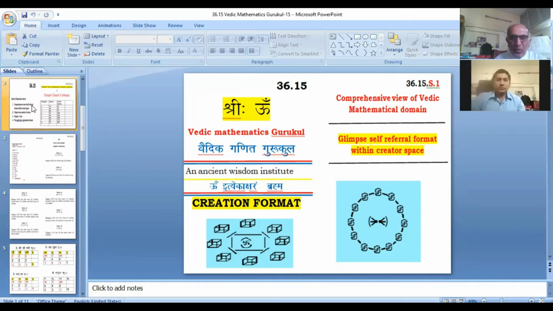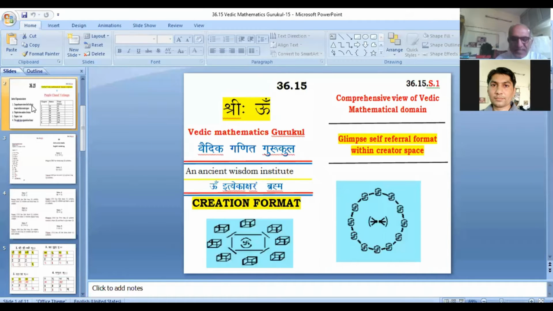As we know, the Vedic mathematics domain scriptures are parallel with the creation format of the creator's space. It is the feature of this fourth explosion at the transcendental origin of the creator's space that the transcendence phenomenon gets initiated and it takes us to the self-referral origin of the transcendental domain itself.